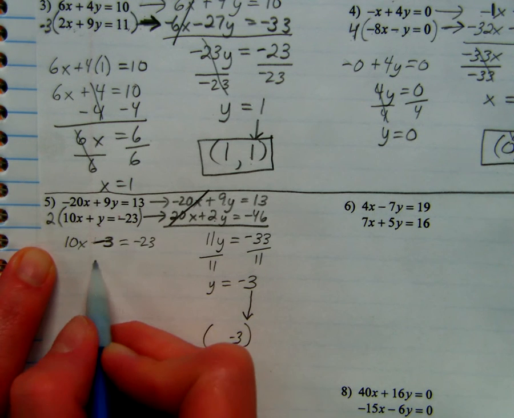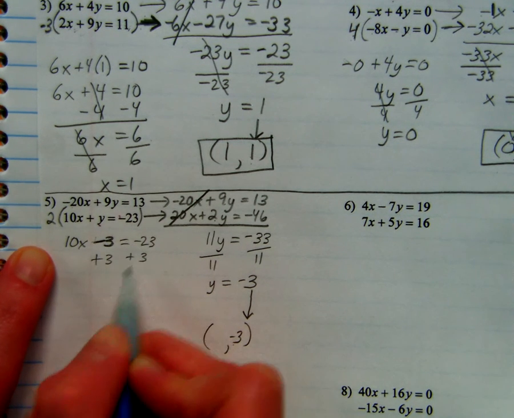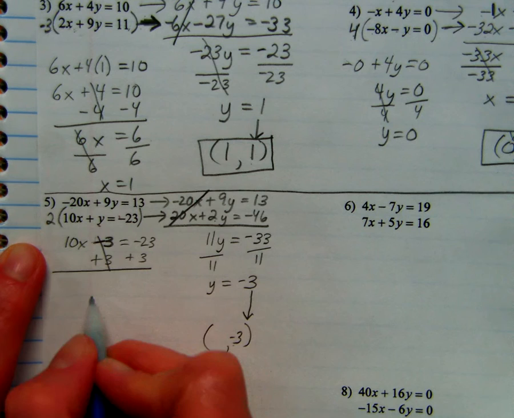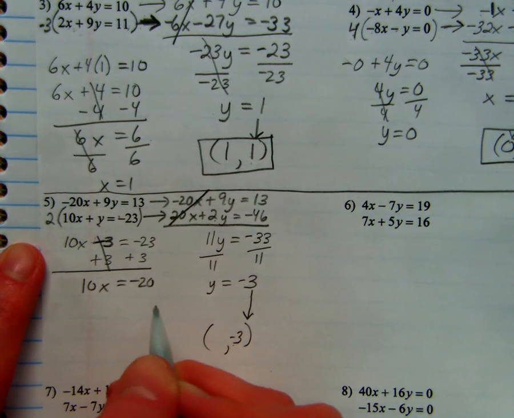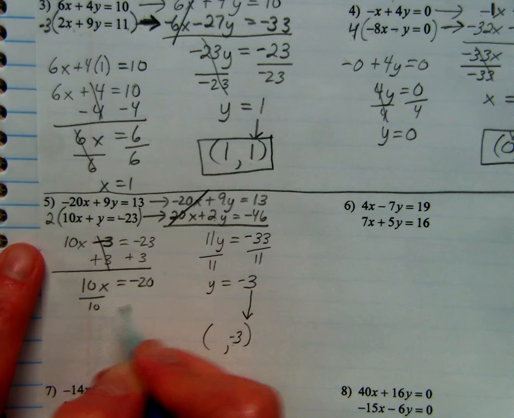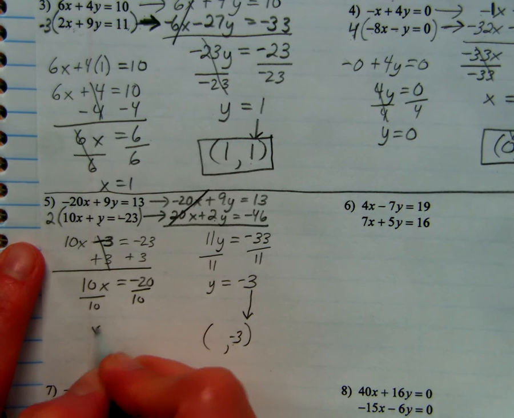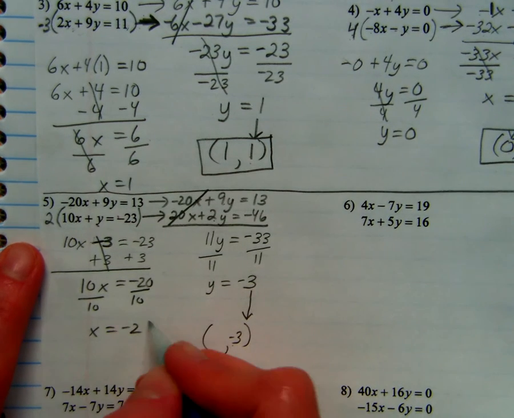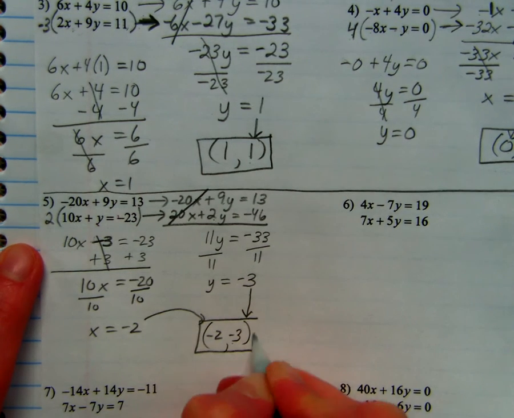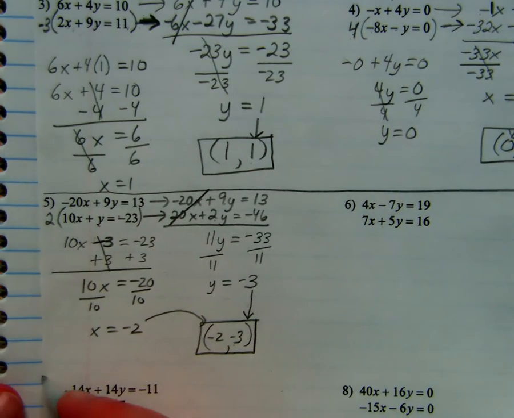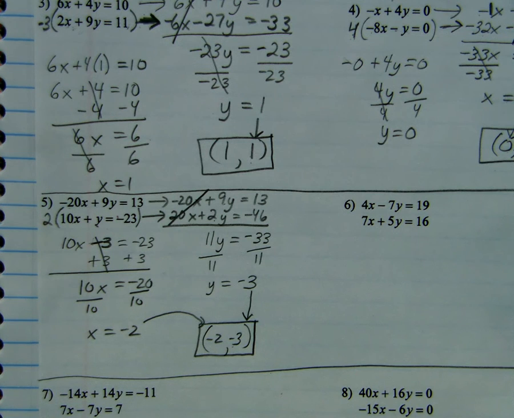You're going to add 3. So that gets rid of this. We get 10x equals negative 20. Divide by 10. X equals negative 2, so that becomes my x coordinate, and there's my answer. Yes. I'm so glad you agree with me.